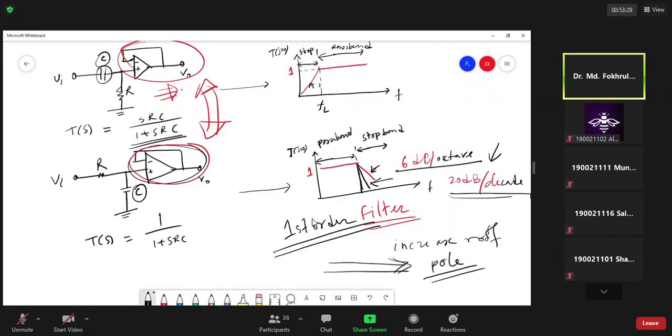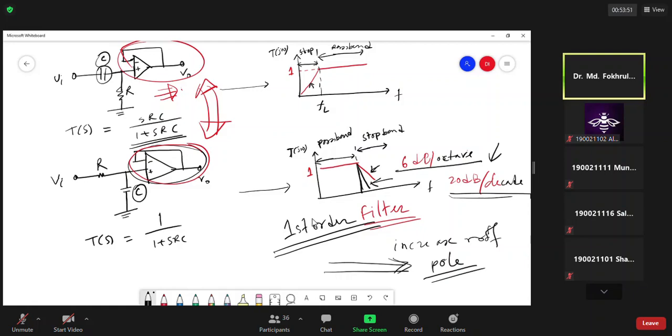This is more common: first order low pass, high pass, band pass, and band reject. But later we will see some other kind of higher order filter. There are a lot of types of filter basically.